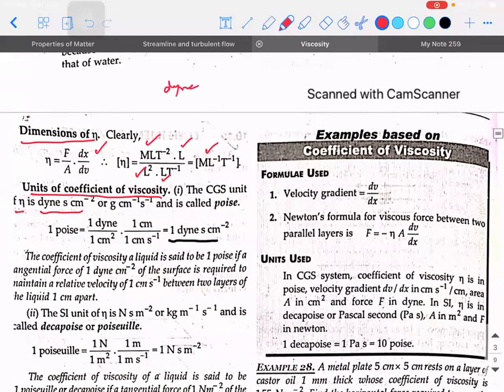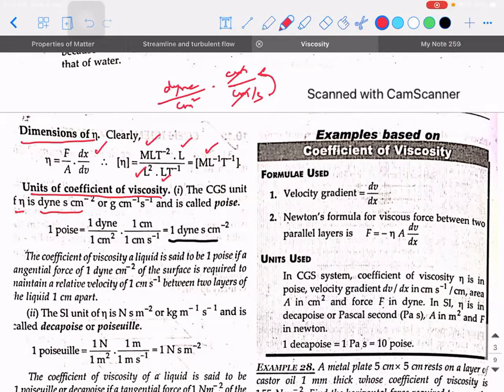Force is measured in dyne, area in centimeter square, dx in centimeter, and dV in centimeter per second. This and this will get cancelled, and second will go up. So dyne second per centimeter square, or gram per centimeter per second, is the CGS unit of eta. Please make a note of this.